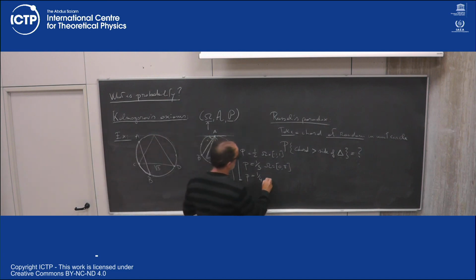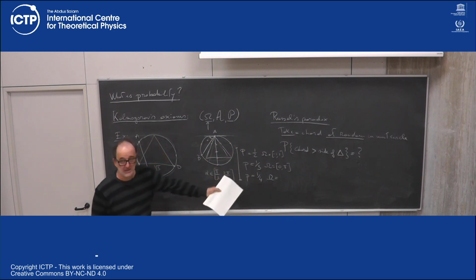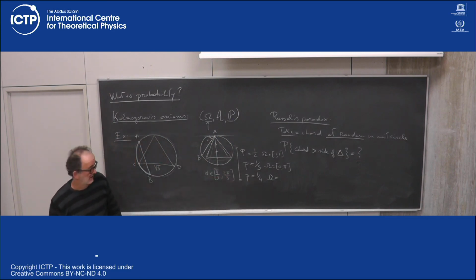And in this other case you take omega to be just the area, the interior of the circle. So it is clear that if you take a different definition of the sample space, you are going to get different answers.